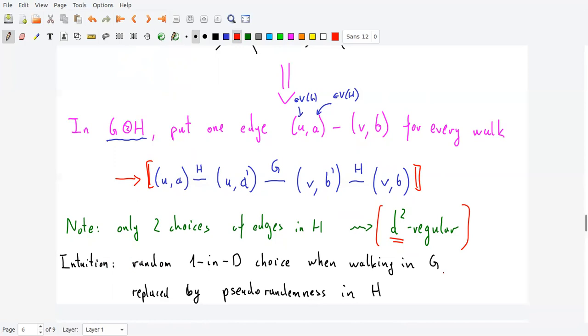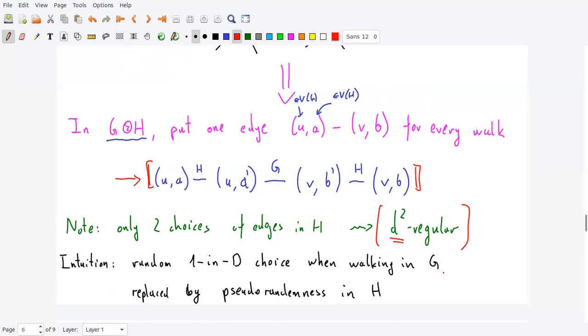So now, instead of choosing log capital D random bits in order to choose the next neighbor, you're replacing this choice with a pseudorandom choice based on the graph H. Instead of choosing one in D options uniformly at random, you are doing one step of a random walk in H, which is a pseudorandom process. We have seen that walking on an expander is rapidly mixing. It quickly converges to a uniform distribution.